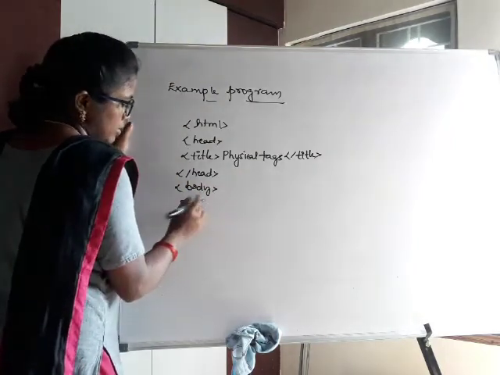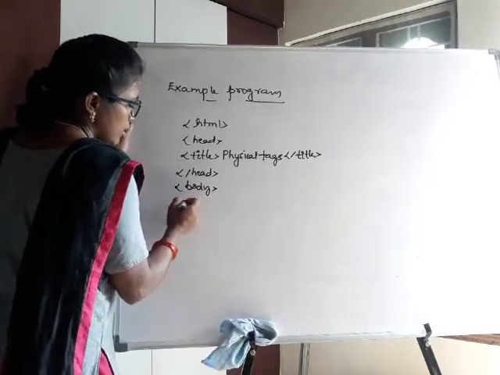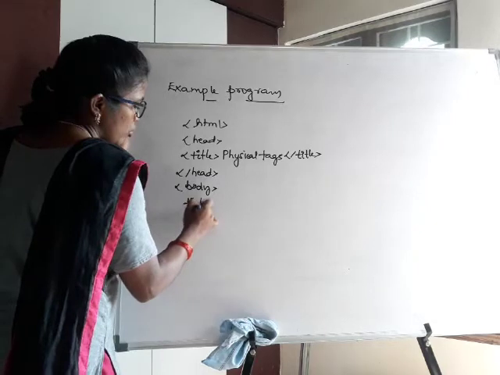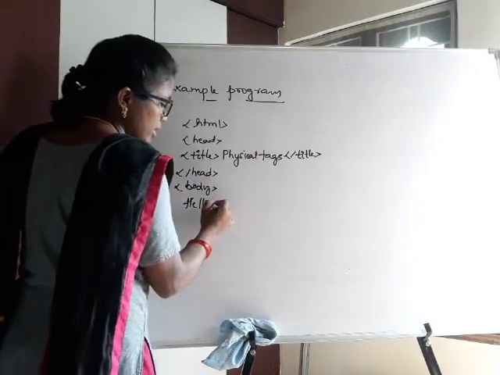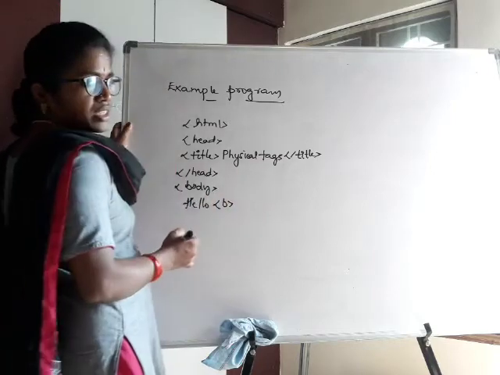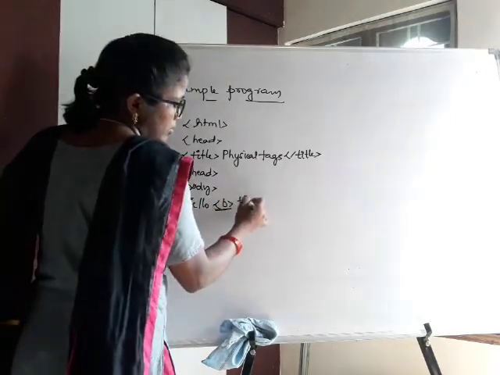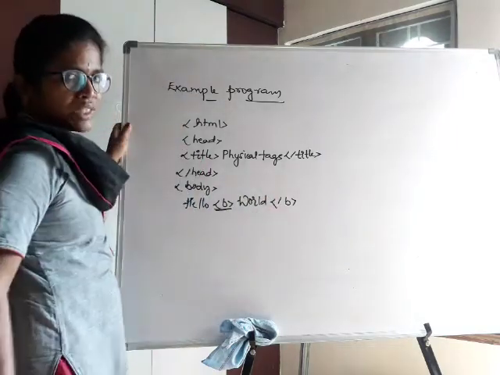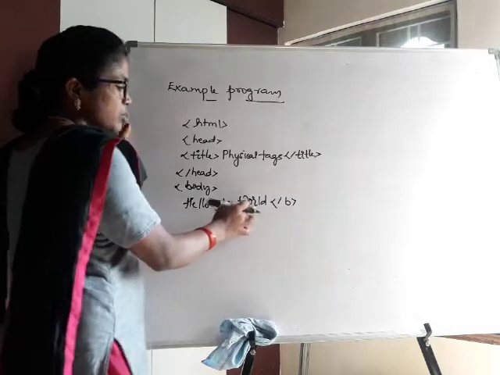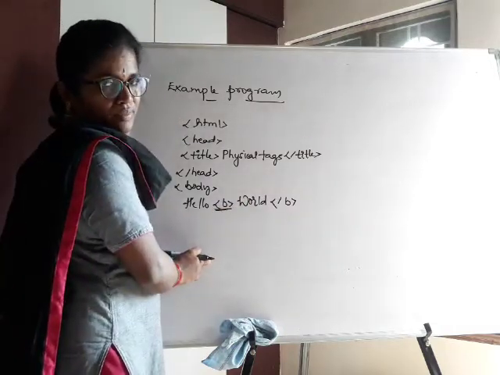In that, first I want to write hello, whereas I want world in bold letters. So I will write a B tag, world. So close the B. If I don't close this bold tag, the continuation will also come in bold letters.